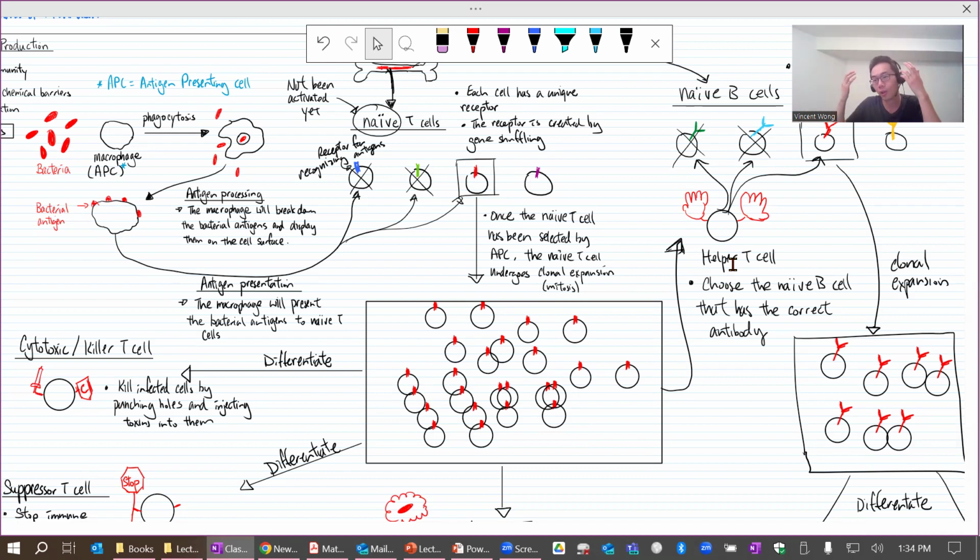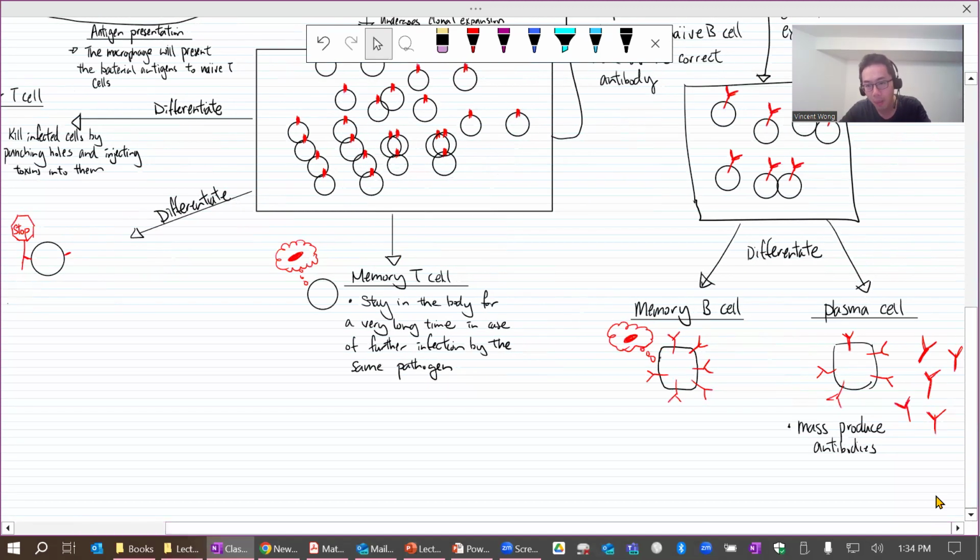Otherwise, the longer we wait, the more damage the pathogen is causing the body. So only B cells can make the antibodies. That's right. Only the B cells can become the factories, the plasma cells. So on the test, if I ask you what cell produces antibodies, you have to select plasma cells.